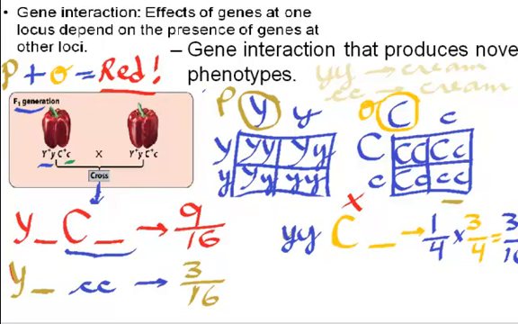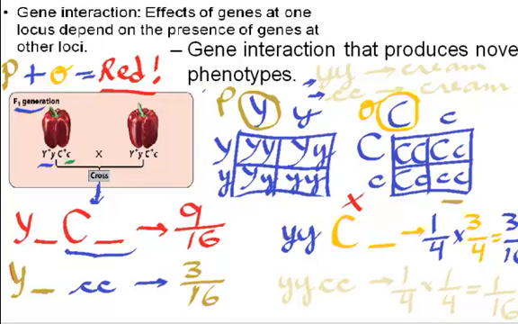And looking at the other possibility, which is no color, as we have illustrated here, for no color we only have this combination here, which is going to give us 1 out of 4 for the Y alleles and 1 out of 4 for the C alleles, which will give us 1 out of 16 combinations.